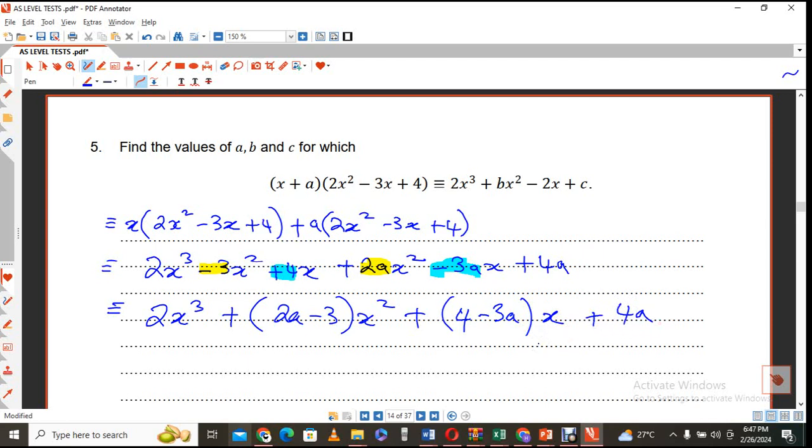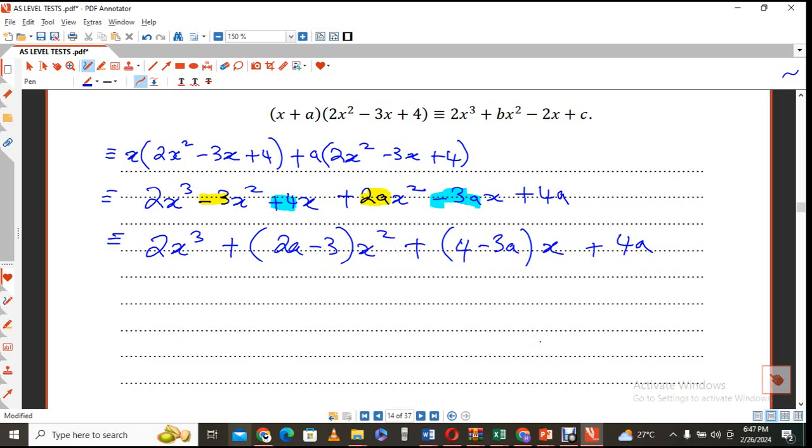So now I can go ahead and equate the coefficients. There's nothing I can do with the 2 because it's not what I'm looking for.